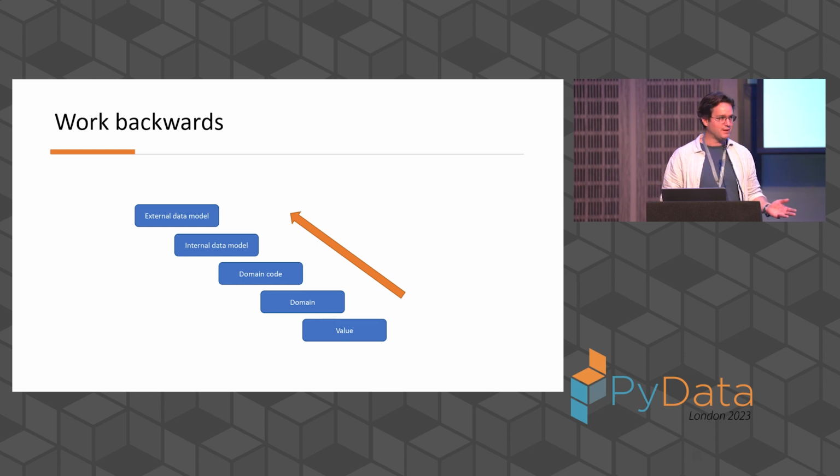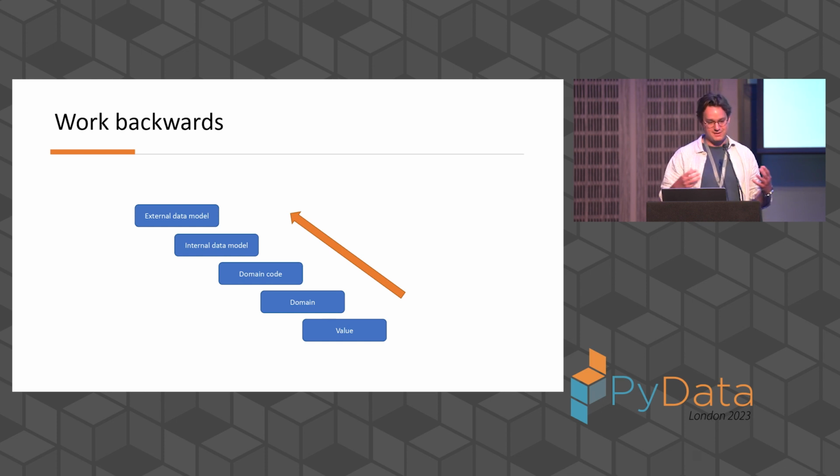I guess this has been called the Jeff Bezos approach before, of working backwards, but it works. I like it. It works in a general sense, not just for this. So start with value. Understand deeply how your tool and the decisions that your tool needs to make add value to the business. Then understand the domain.